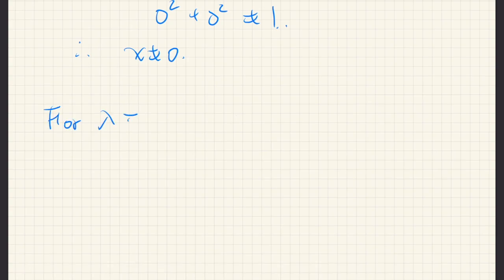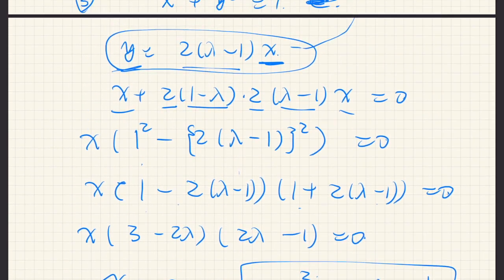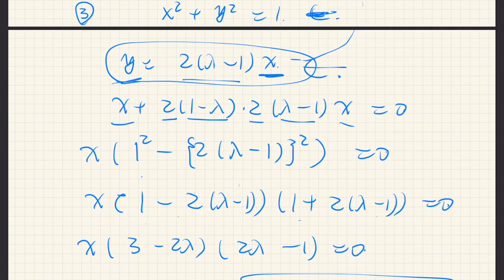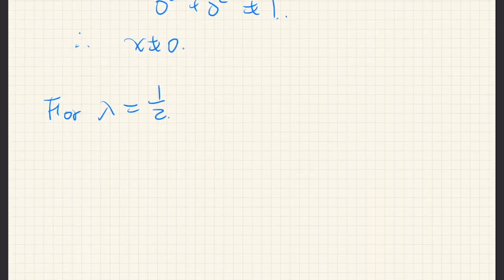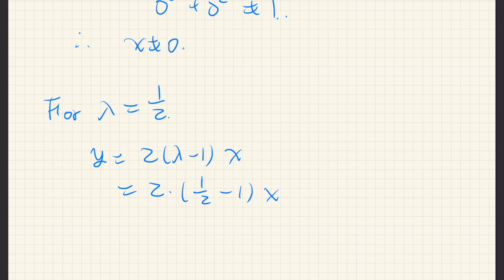If lambda is equal to 1/2, from this equation we have y equals 2 lambda minus 1 times x, which equals 2 times 1 over 2 minus 1 times x, so that is negative x.